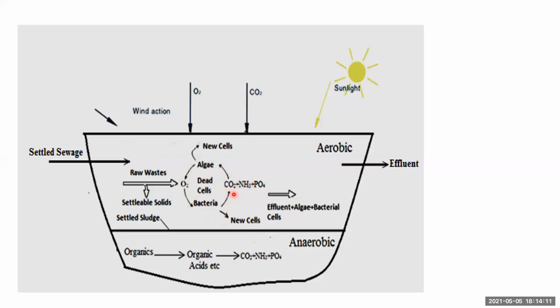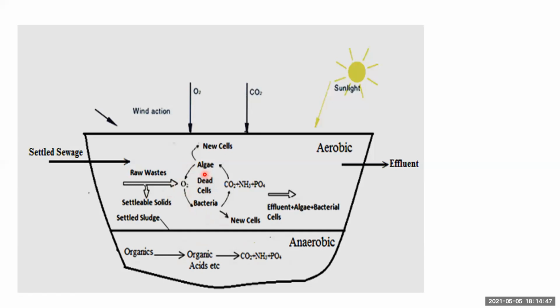Now, the carbon dioxide that is released by the bacteria is consumed by the photosynthetic algae, and they perform photosynthesis. During photosynthesis, carbohydrates like sugars are synthesized, and oxygen is released.